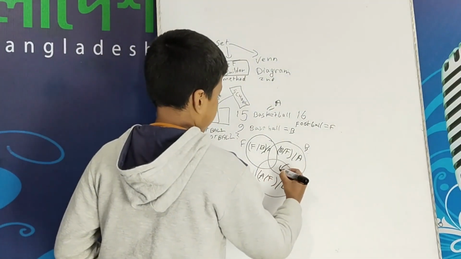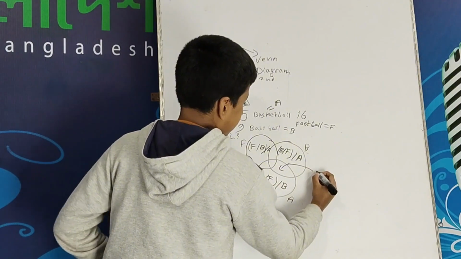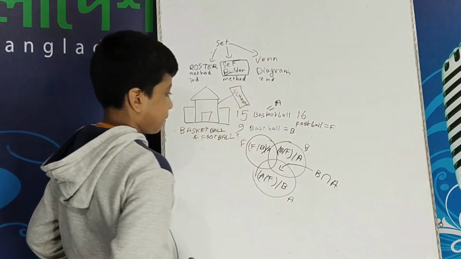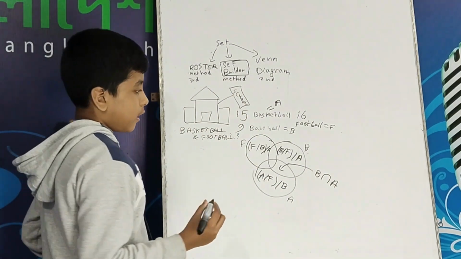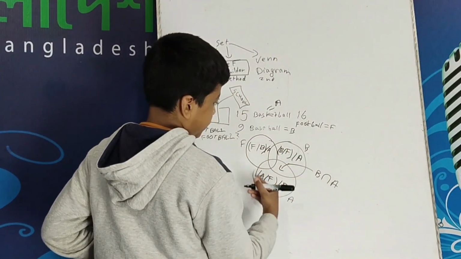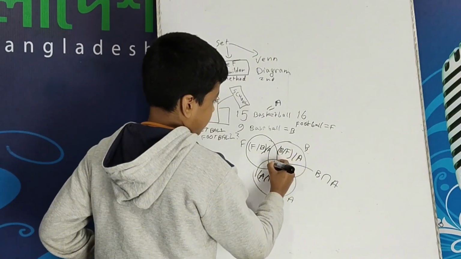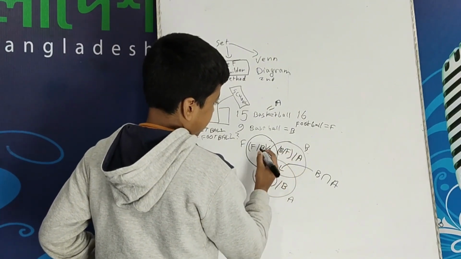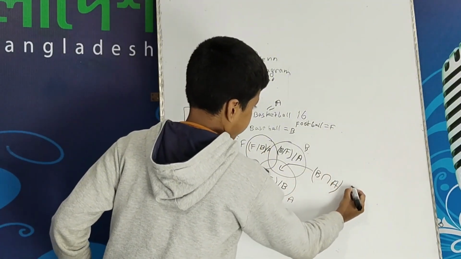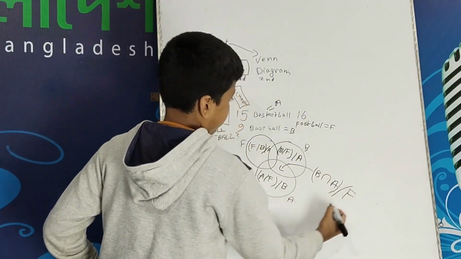Now, this region is B intersection A. Simple, except that would include this region, because this is also a part of B intersection A. See, they intersect here, right? But there is F here also, so we will have to take this to the parentheses and then do F here.